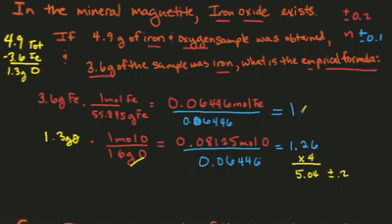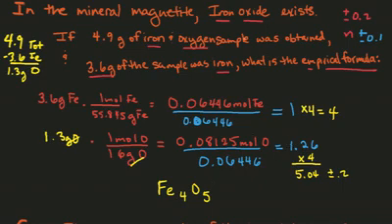So because I did that 1 times 4, I have to do this 1 times 4. And now we know the empirical formula of this ore. And it's going to be Fe4O5.